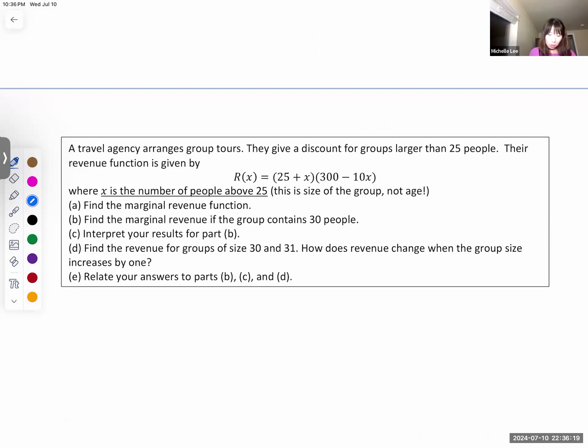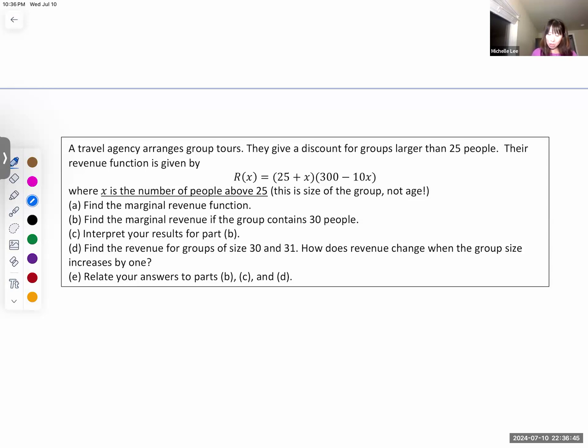All right, so a travel agency arranges group tours. They give a discount for groups larger than 25 people. Their revenue function is given by that, where x is the number of people above 25. This is the size of a group, not age.